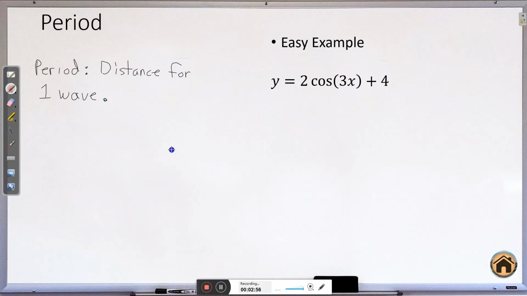How long does it take to do one complete wave? Another way of thinking about that is the horizontal stretch. Or I suppose you could look at it as the shrink as well, which would be the first thing we want to explore. With that horizontal stretch and shrink, what values for the b will give you a stretch and a shrink.